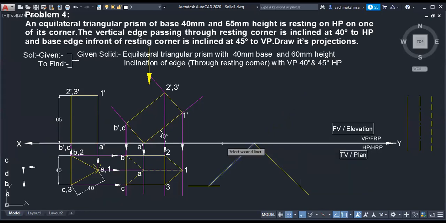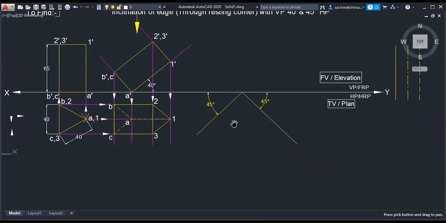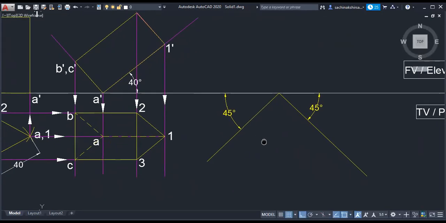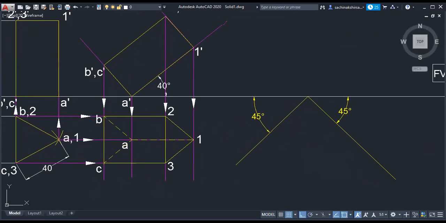So this line is 45 and this line is 45. Like this, both lines are making a 45 angle. I will zoom a little. So both lines are making 45 angles.